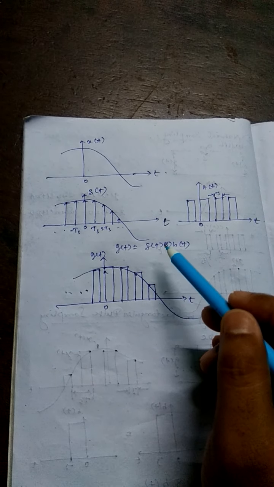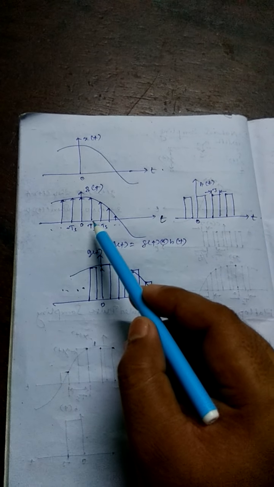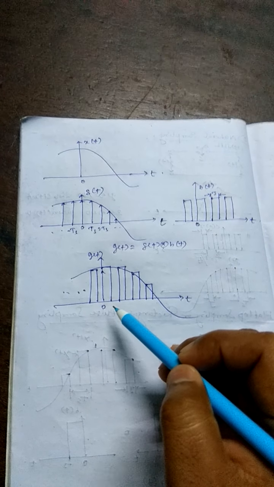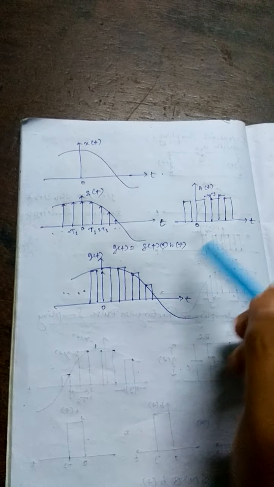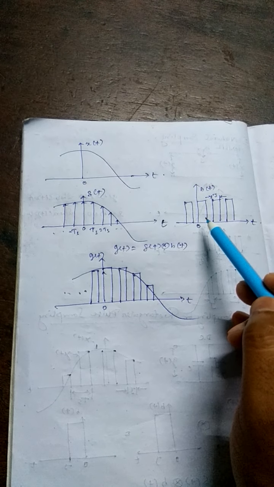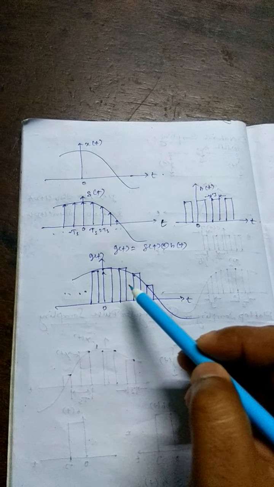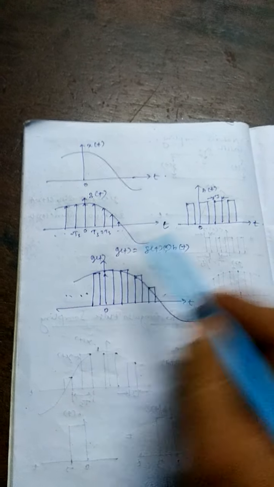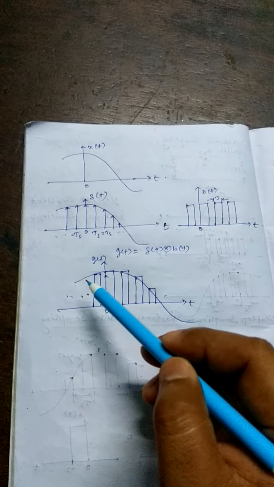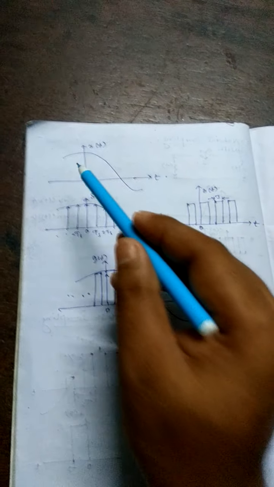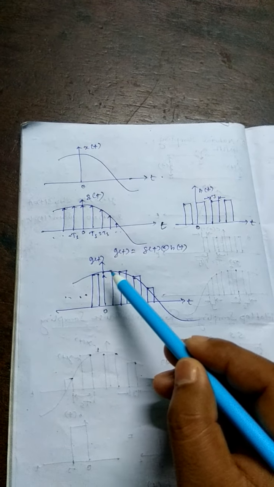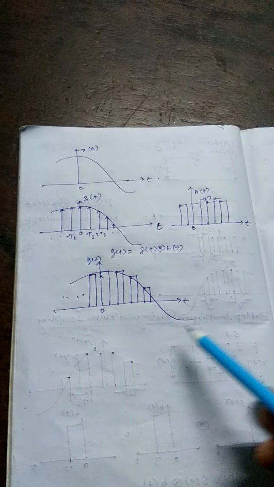Here another important thing is that this is Ts, so this portion is obviously Ts. If the width of that particular pulse is tau, that means this is the pulse signal, and obviously the input or continuous time signal passes that way through that particular signal.